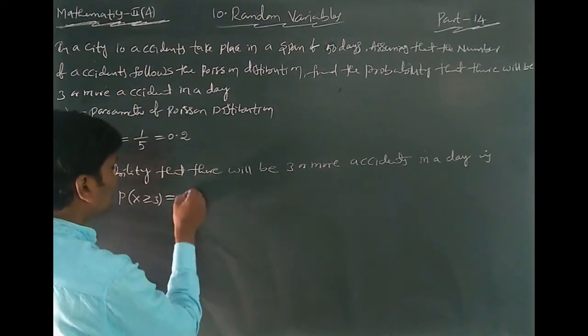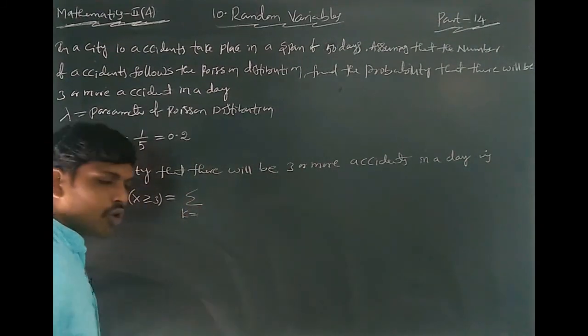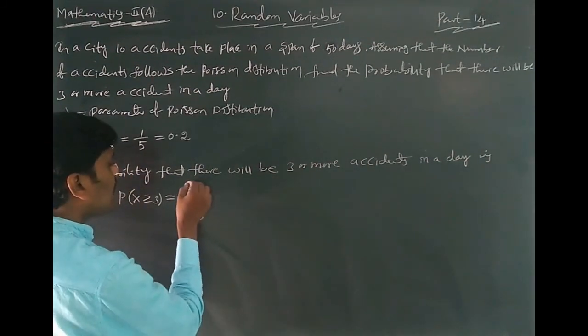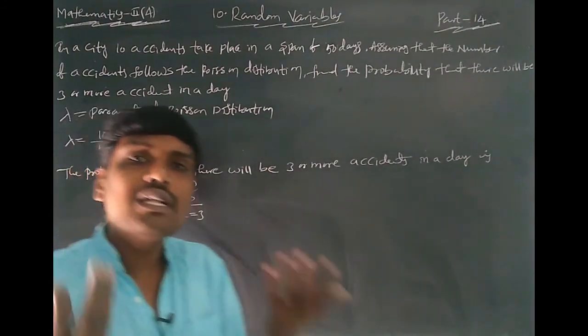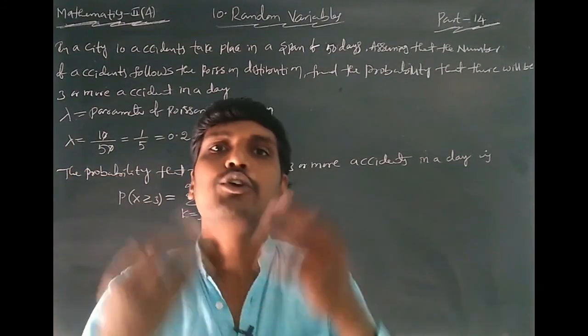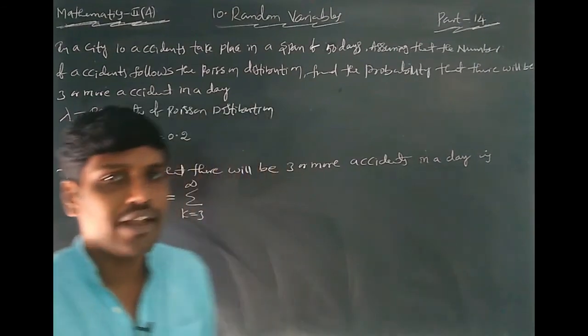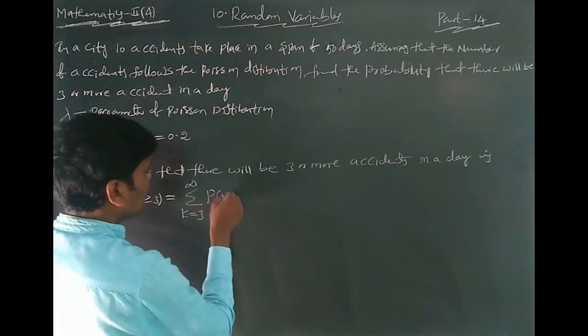This can be written as summation of k equal to 3 to infinity. How many values are there? You don't know, that's why you write infinity, into P of x equal to k.